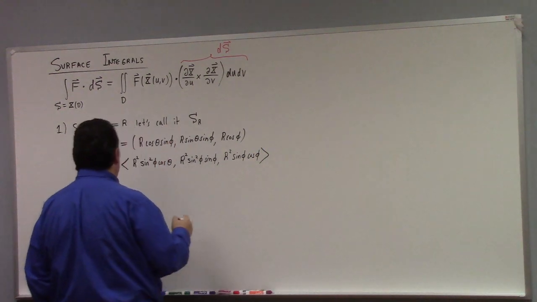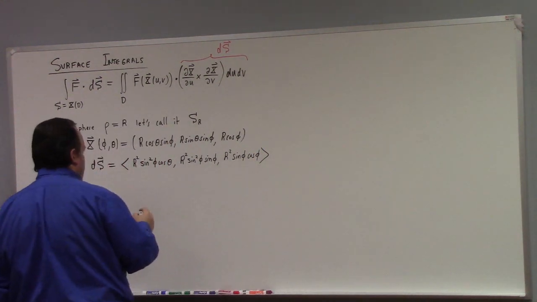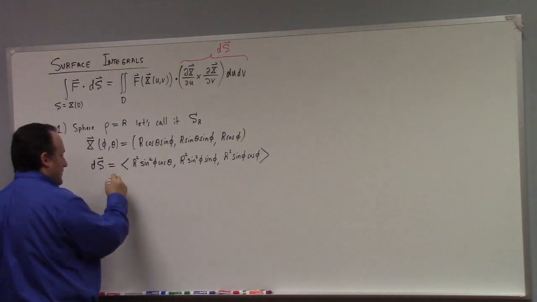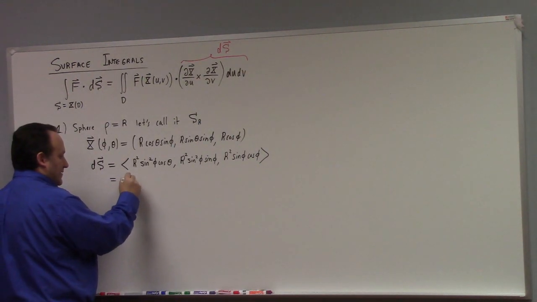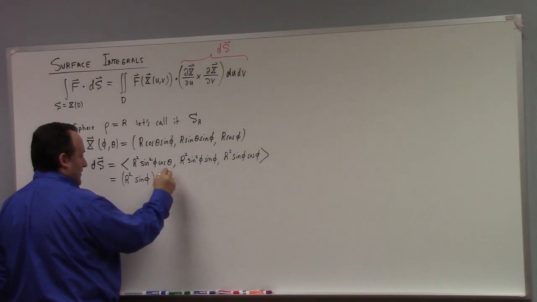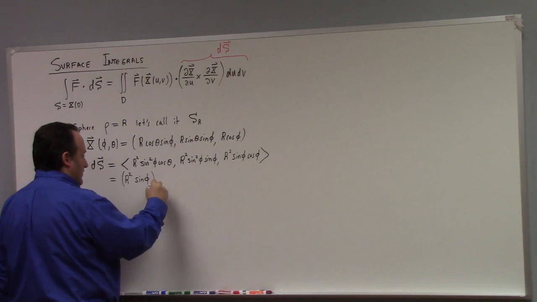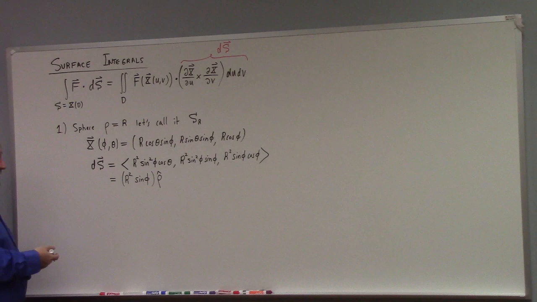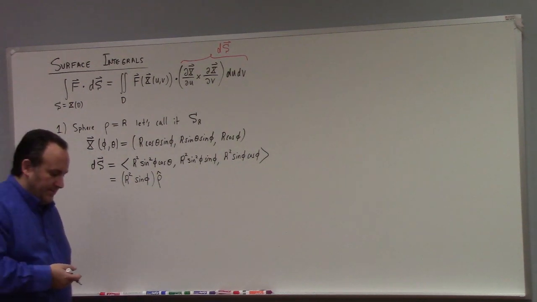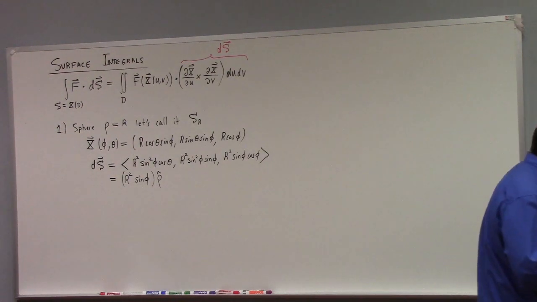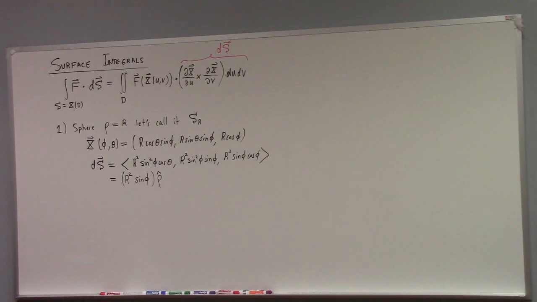And I emphasized that that was really just equal to r squared sine phi, and then you have this vector, which we could identify as rho hat. And so that's another way to write the vector surface area element, dS vector, for the sphere oriented outward.